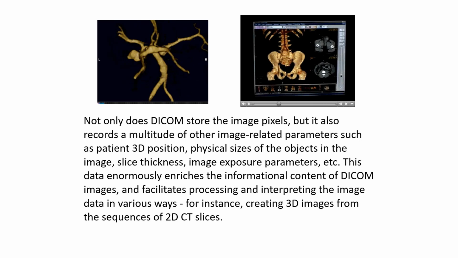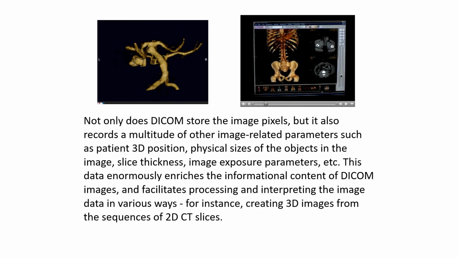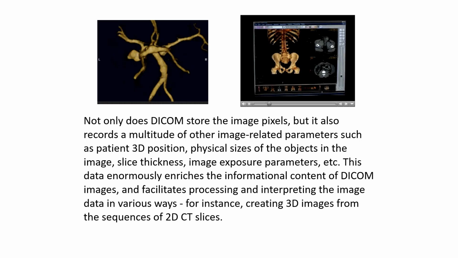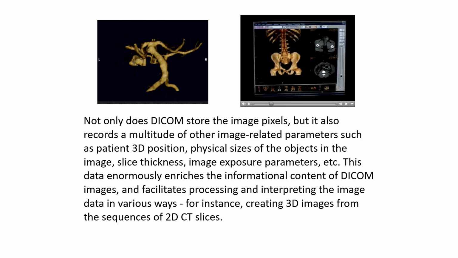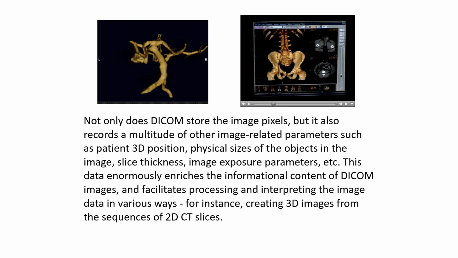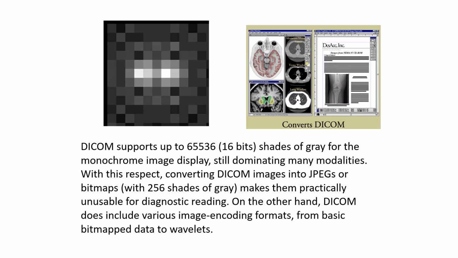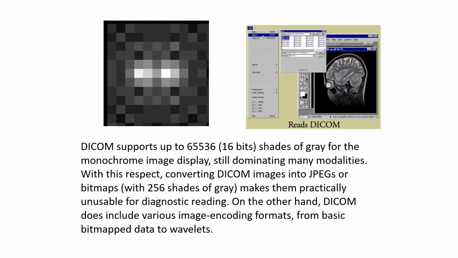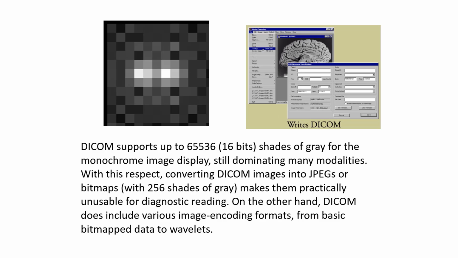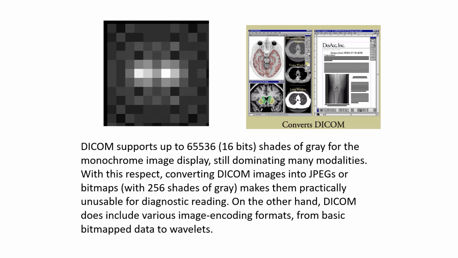Not only does DICOM store the image pixels, but it also records a multitude of other image-related parameters, such as patient position, physical sizes of objects, slices, exposure parameters, etc. DICOM supports up to 16 bits, or 65,536 shades of gray, for the monochrome image display.